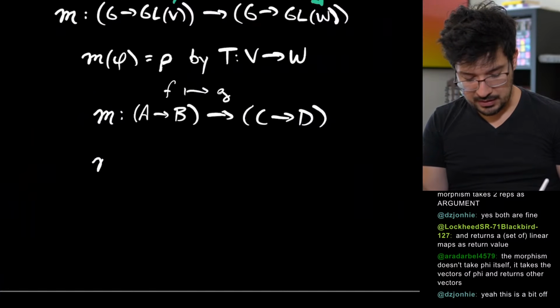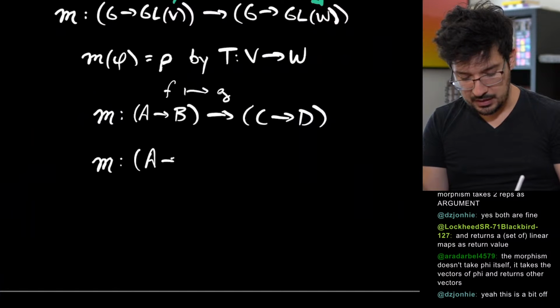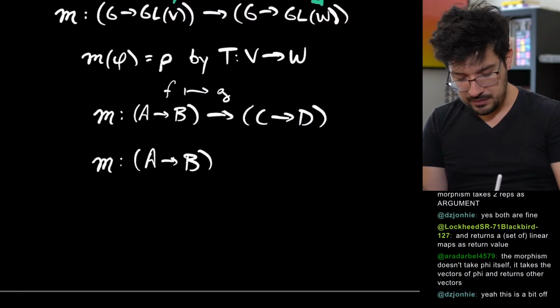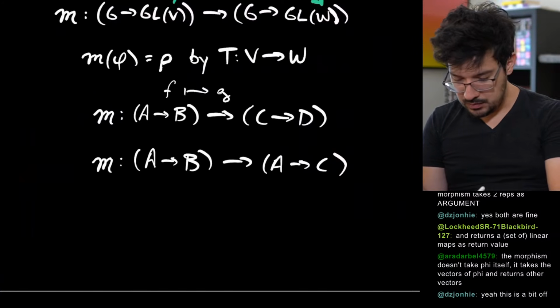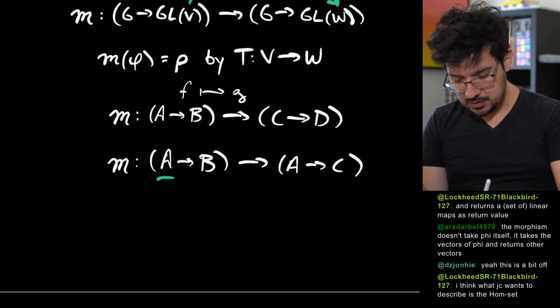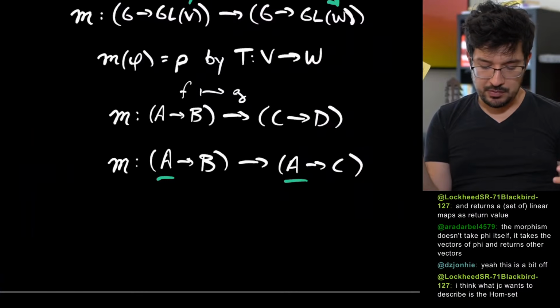Or is the fact that it's a morphism, does it depend on something like the fact that the domain matches? Does the domain need to match to call something like this a morphism?